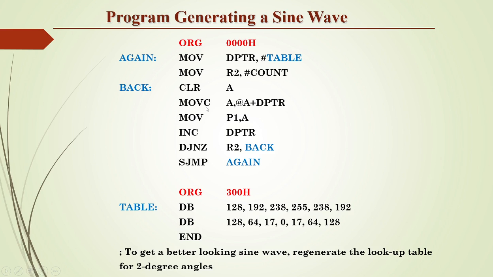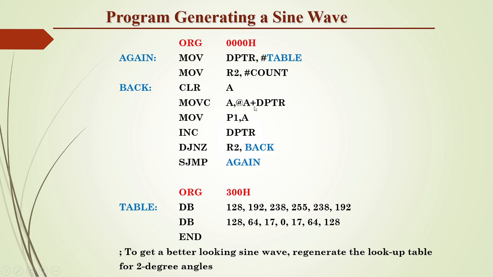Next instruction is MOVC A, @A+DPTR. Here the @ represents that this is a pointer. The content of accumulator plus the content of DPTR will generate the address of the value. Now the content of accumulator is 0 and the content of DPTR is the initial address of the table, 300H.